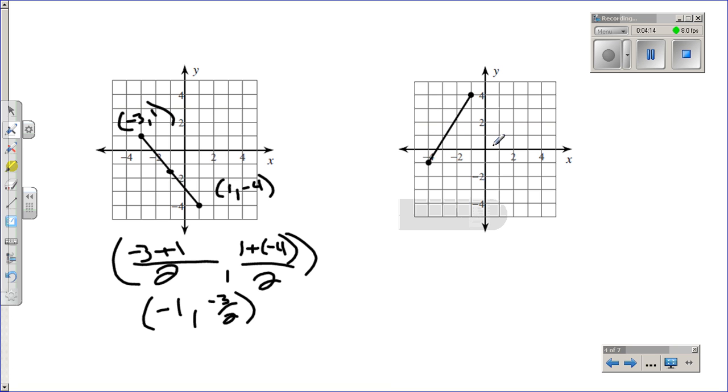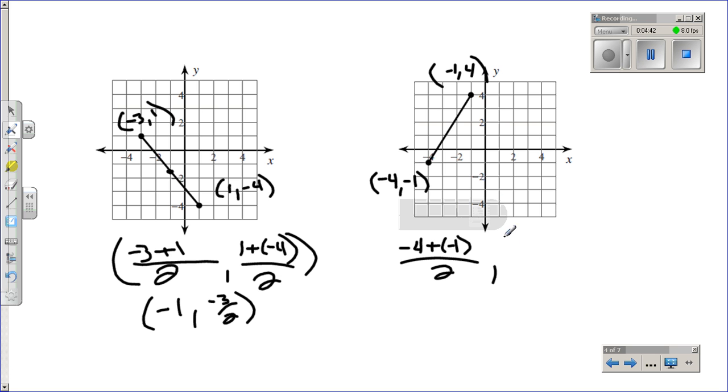Here's another graph. Let's just plot the points. I think it's the easiest way. 1, 2, 3, 4, -4. I went down 1. This is at -1, +4. Okay, now let's add the x's together. -4 plus -1 divided by 2.